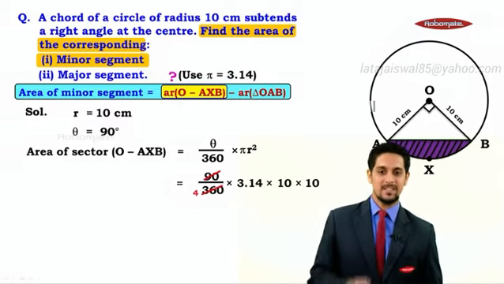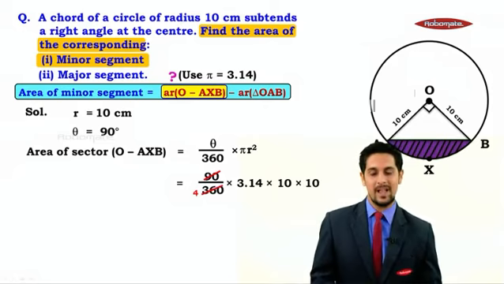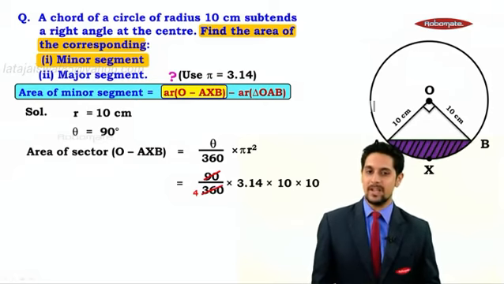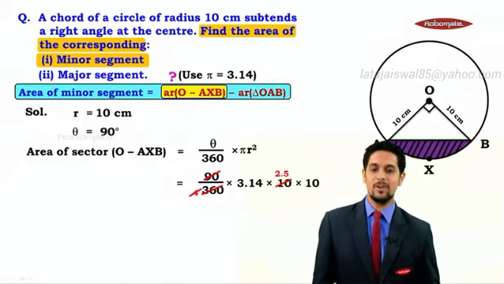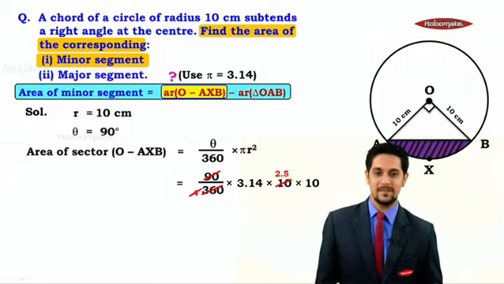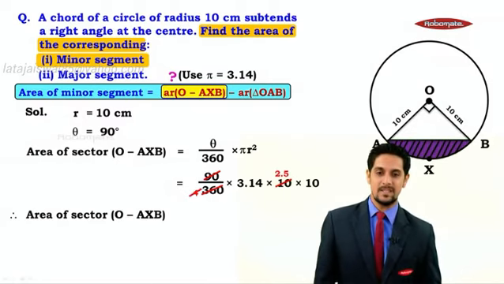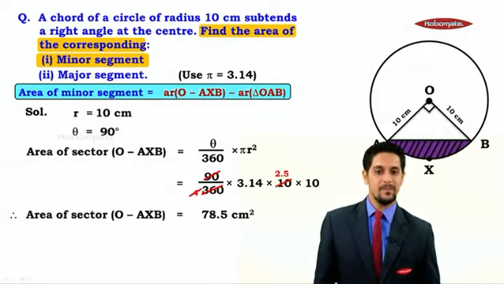On further simplification, we have 90 into 1 as 90 and 90 into 4 times as 360. Further, we have 4 into 1 as 4 and 4 into 2.5 times as 10. This gives us the area of the sector as 78.5 centimeter square.